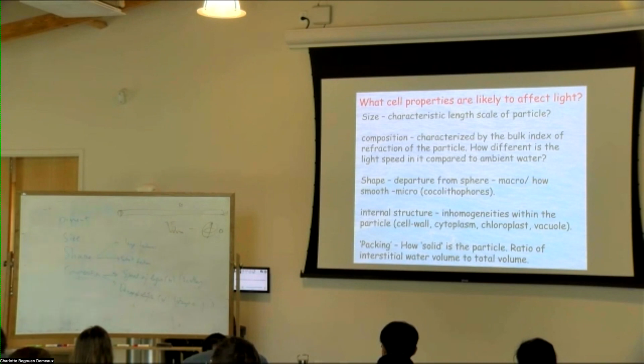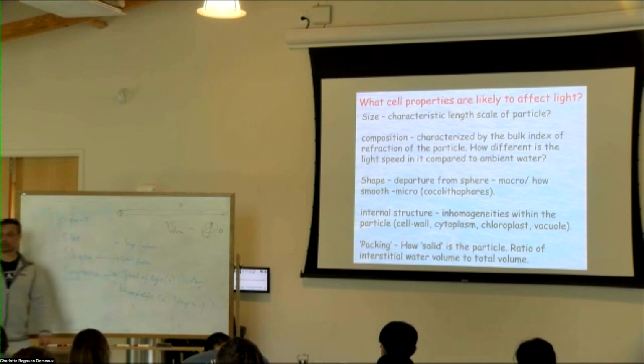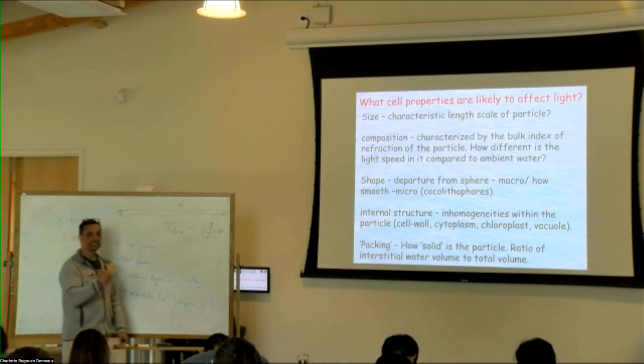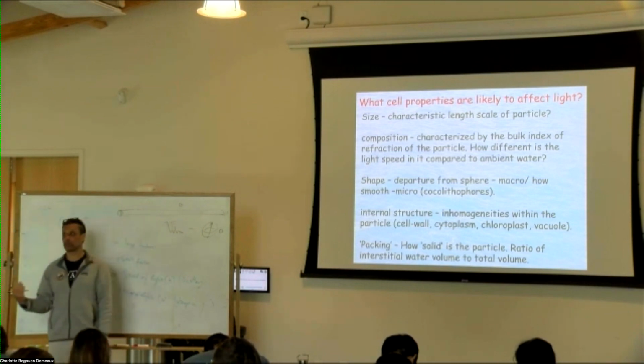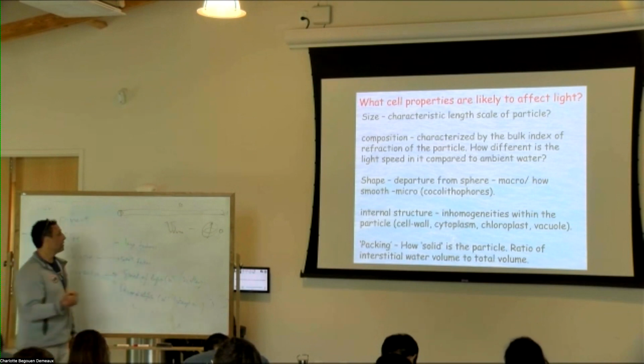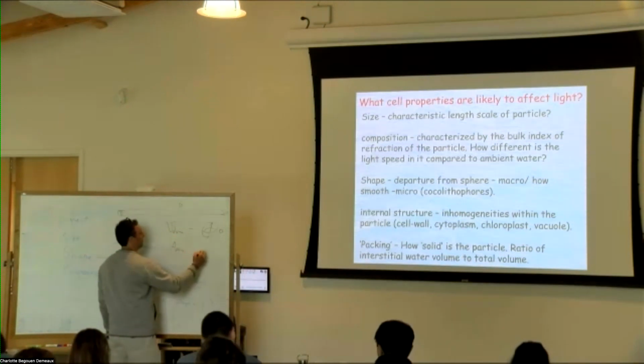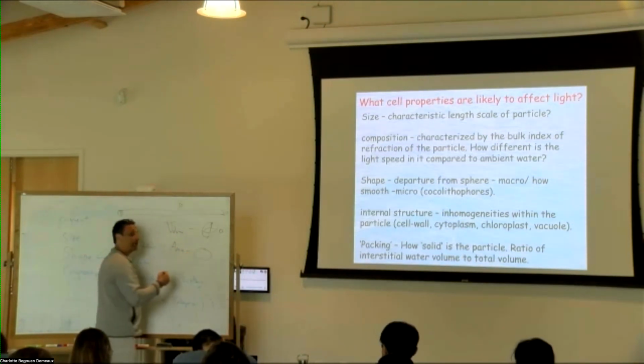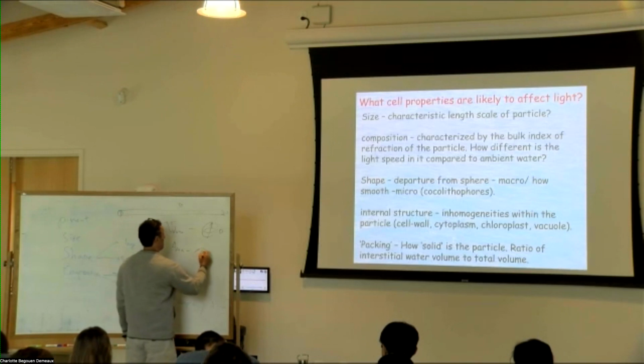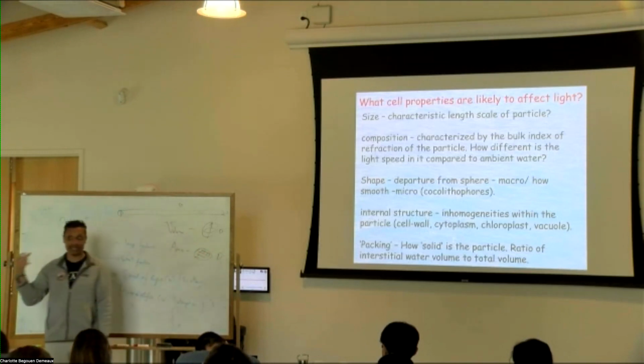But it turns out that optics, particularly when you're larger than the wavelength, you're actually most sensitive to cross-sectional area. So with optics, a sphere that has the same cross-sectional area might be a little bit of a better model to understand how optics work.